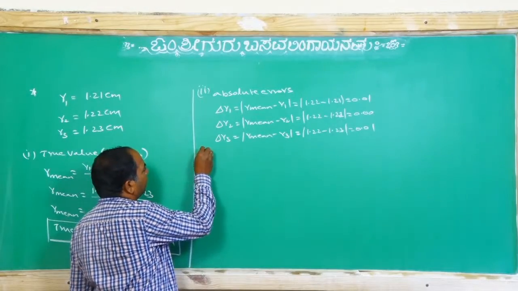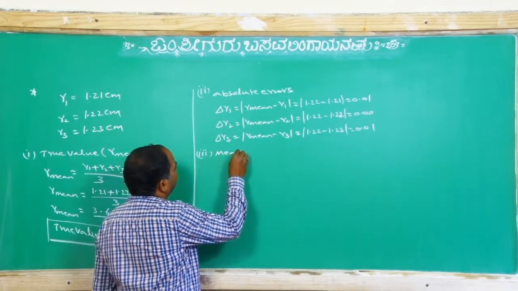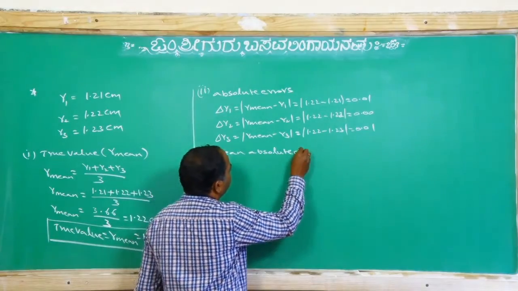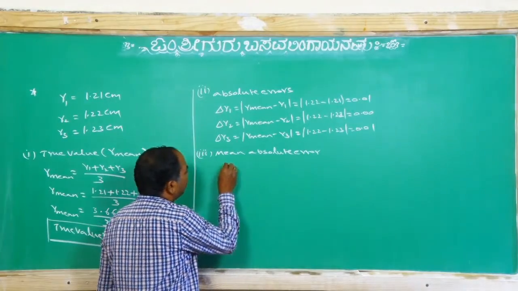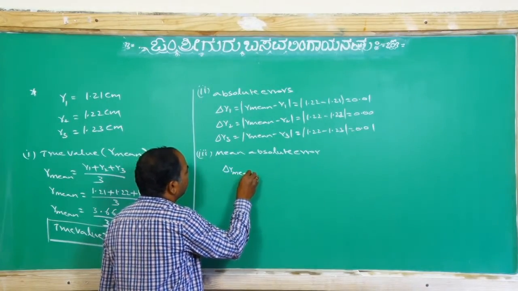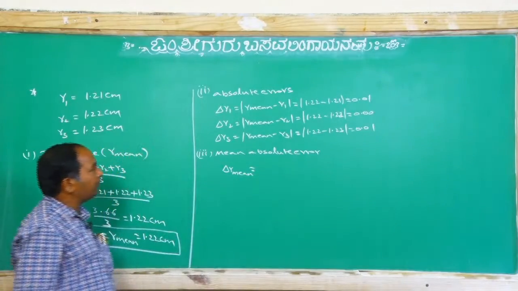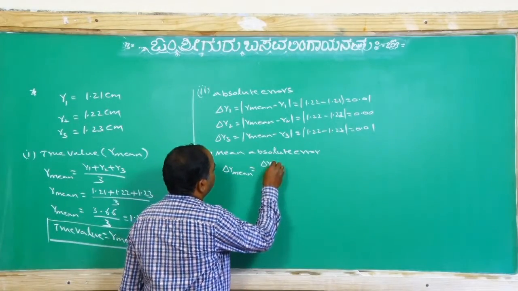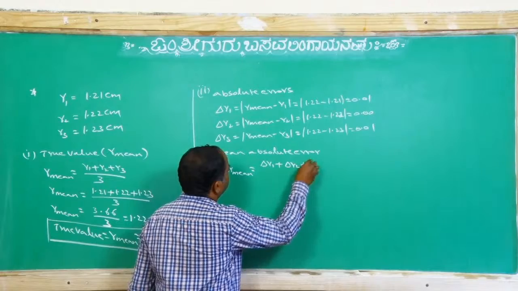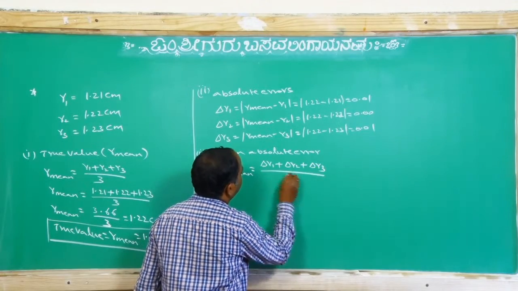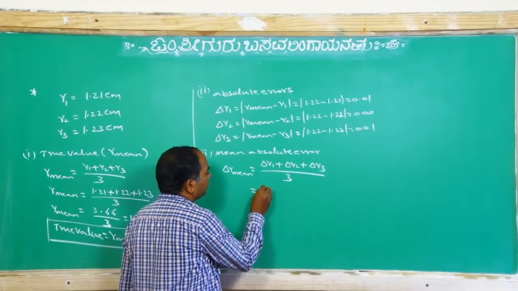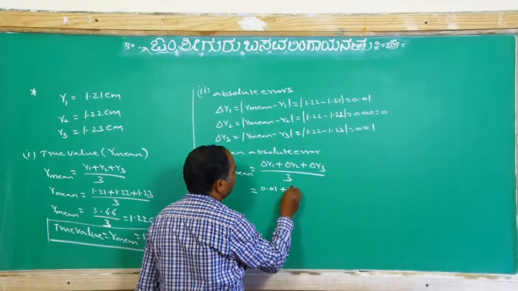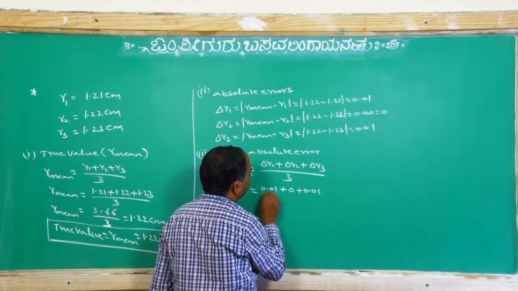Next, we should find the mean absolute error. Absolute error is denoted by delta R, so the mean is delta R mean. How do you find it? The sum of absolute errors divided by the number of absolute errors. That means delta R1 plus delta R2 plus delta R3 divided by 3. So that is 0.01 plus 0 plus 0.01 divided by 3.